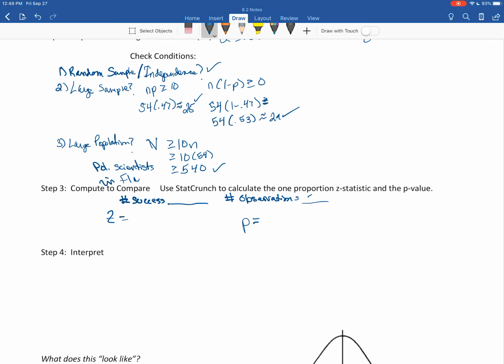We definitely observed 54 people. And the successes are the ones that come back as what we're interested in. What we are interested in are the political scientists who said they voted. So it looks like there were 40 out of that 54 that would be considered a success for us.